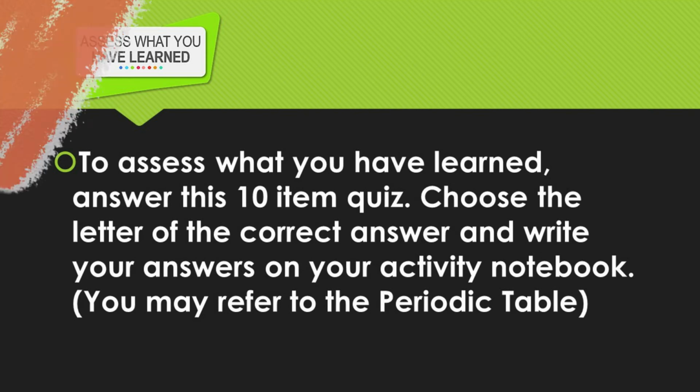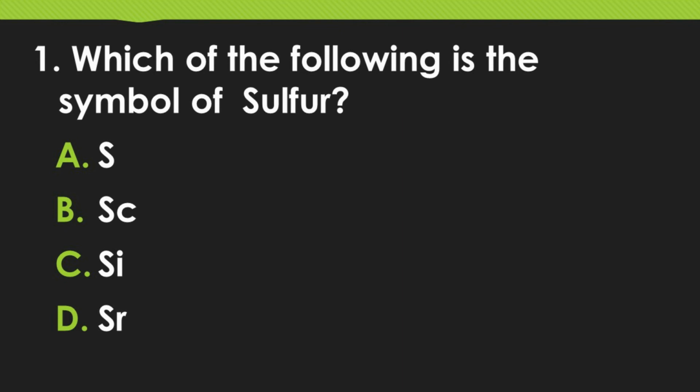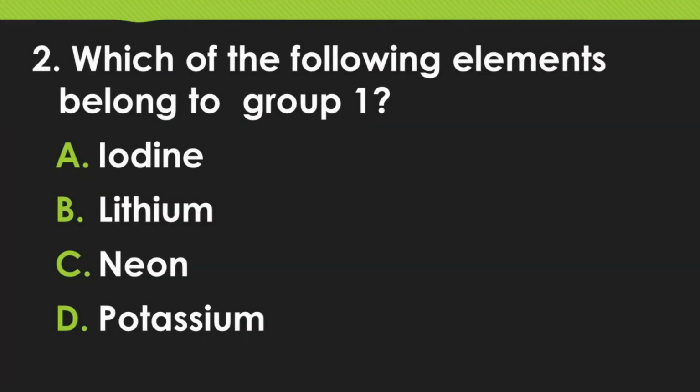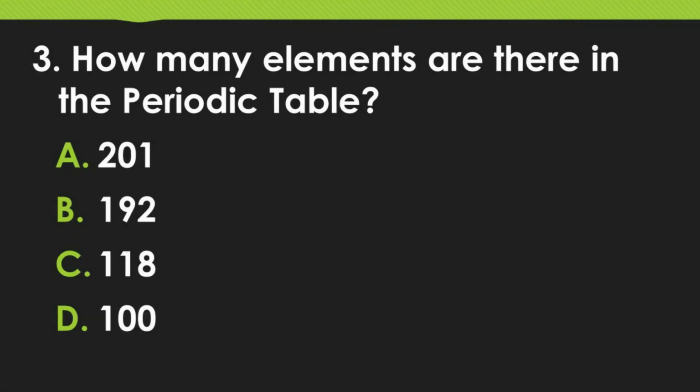Let us start. 1. Which of the following is the symbol of sulfur? A. S. B. Sc. C. Si. D. Sr. 2. Which of the following elements belong to group 1? A. Iodine. B. Lithium. C. Neon. D. Potassium. 3. How many elements are there in the periodic table? A. 201.